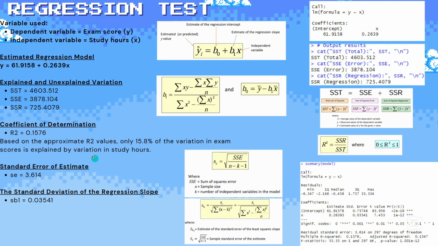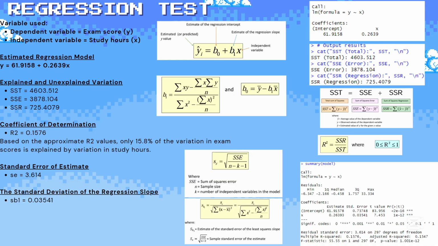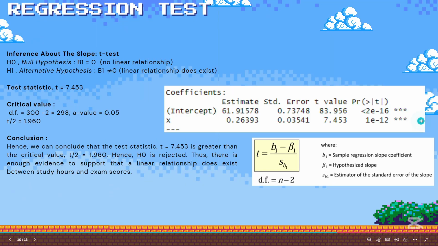For the standard error of estimate, we can see the value just right of the residual standard error, which is 3.614, and for the standard deviation of the regression slope, we can see here 0.3541.